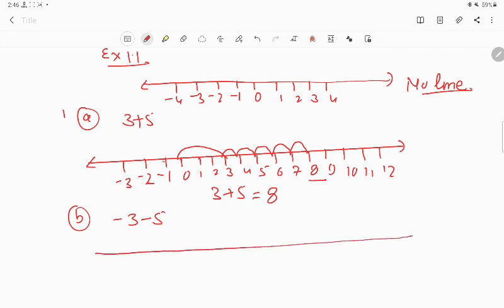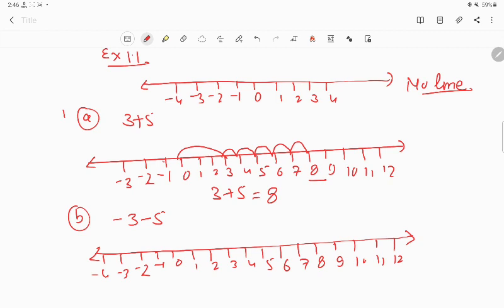Draw the number line right here: 0, 1, 2, 3, 4, 5, 6, 7, 8, 9, 10, 11, 12 on the right side of 0, and the left side of 0 is minus 1, minus 2, minus 3, minus 4, etc.